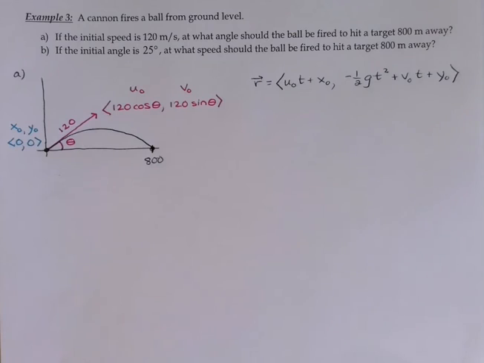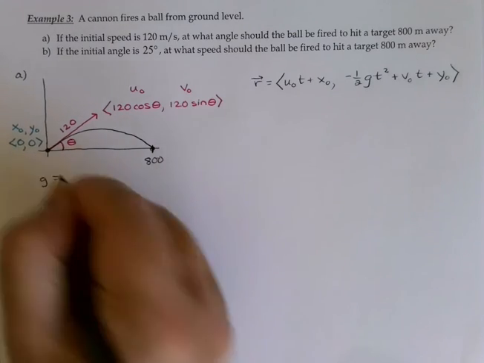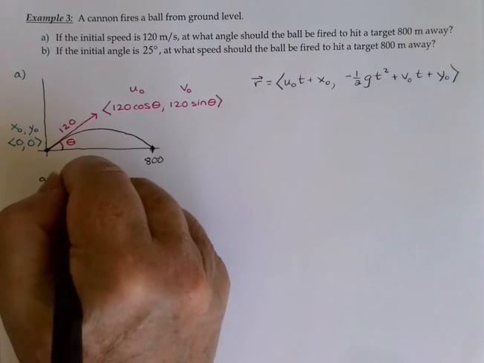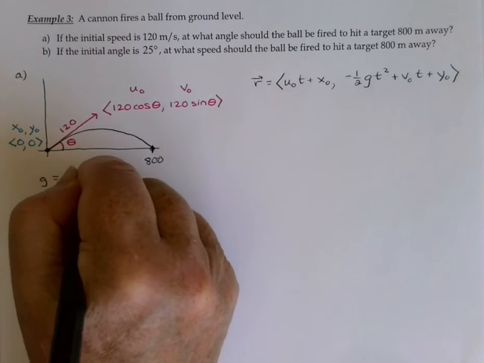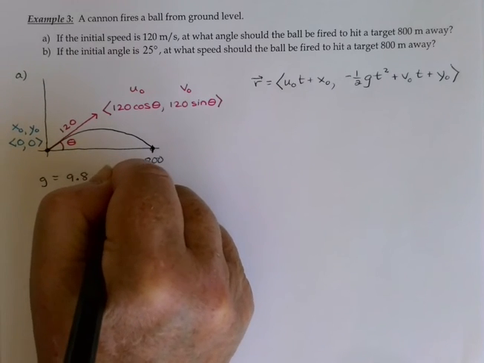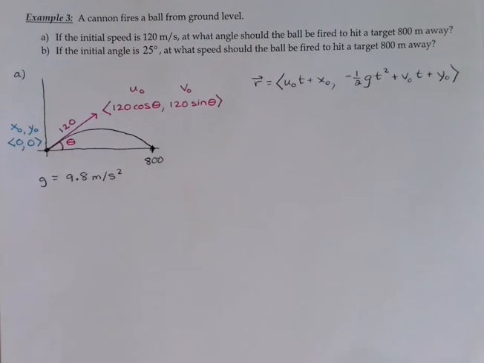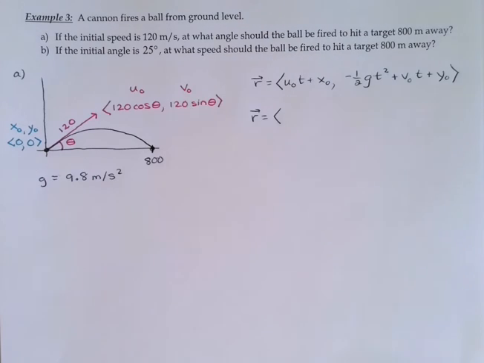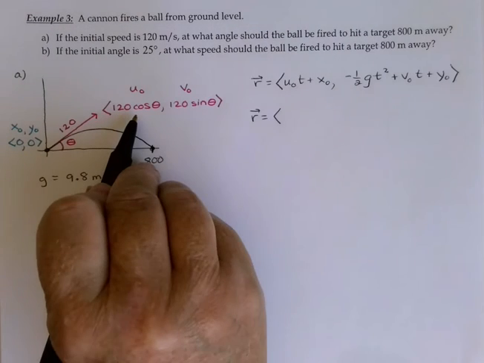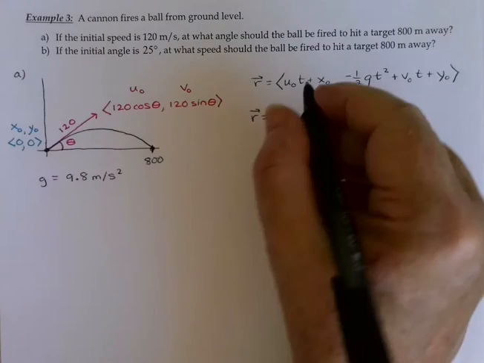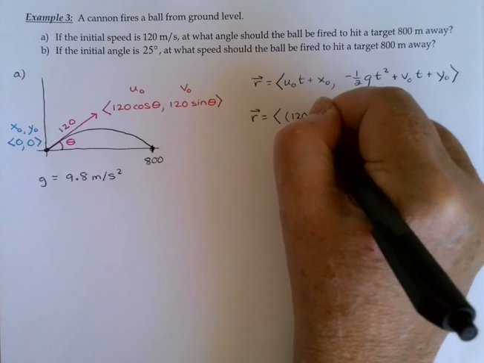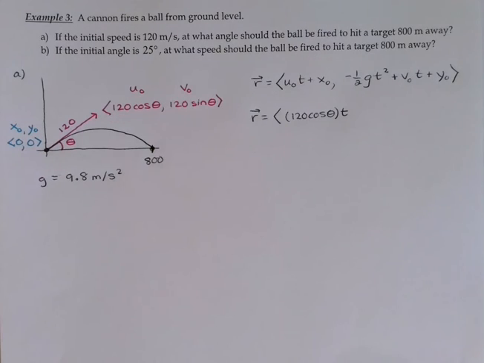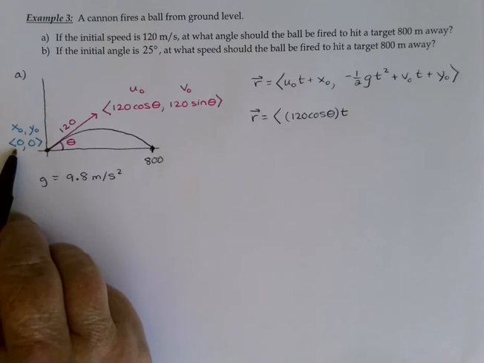And let's see, before I actually do that, let's just make the remark. The gravitational constant here, since we're working with meters and seconds, would be 9.8 meters per second squared. So for r, I'm going to get u naught, which is 120 cos theta, times t, plus x naught, but x naught is just 0.